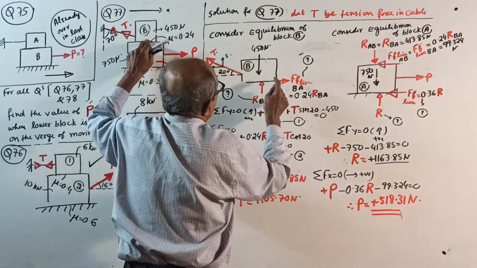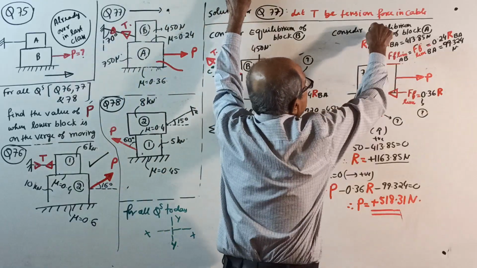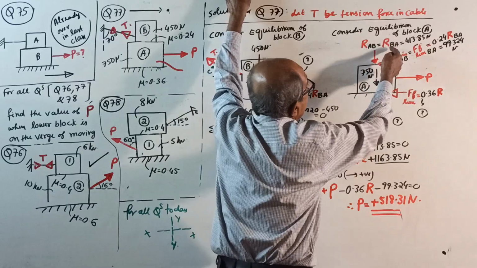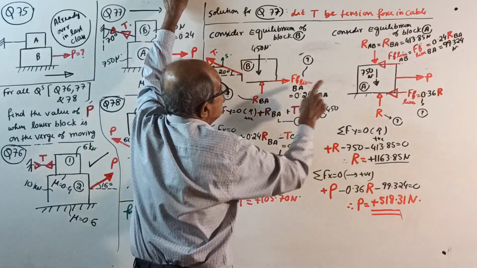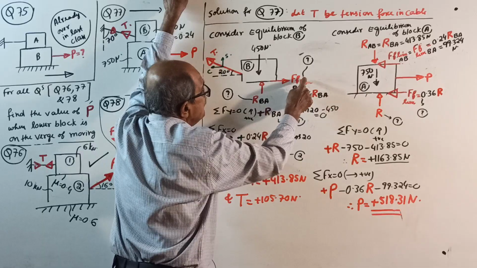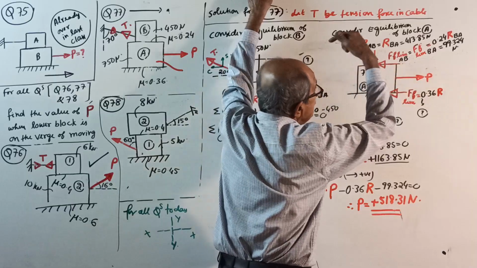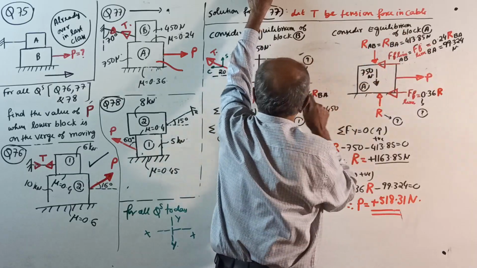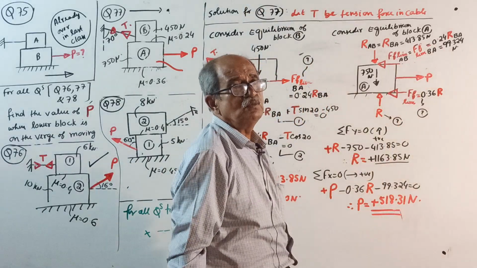Then for block B, up R_BA; for block A, down R_AB equals up R_BA equals 413.85. Friction here: for block B, right, F limit BA is left, F limit AB equals 0.24 R_BA, which is 99.324.